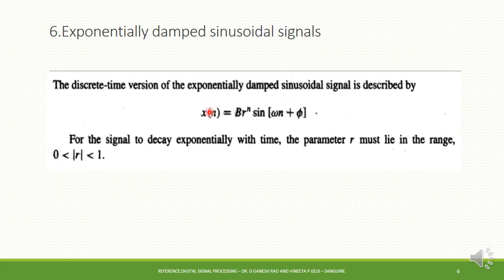This is the definition for the discrete time version. For the signal to decay exponentially with time, the parameter r must lie in the range between 0 and 1. If you remember only this, it is sufficient.